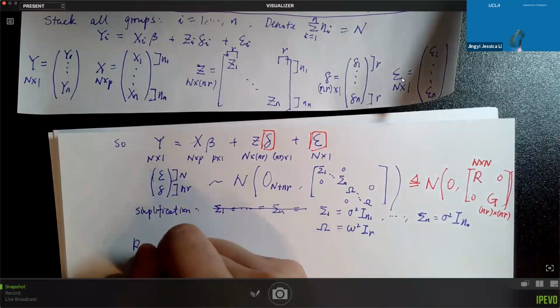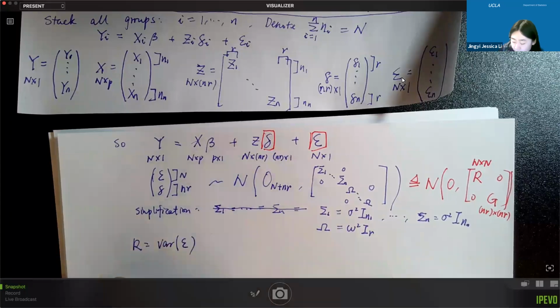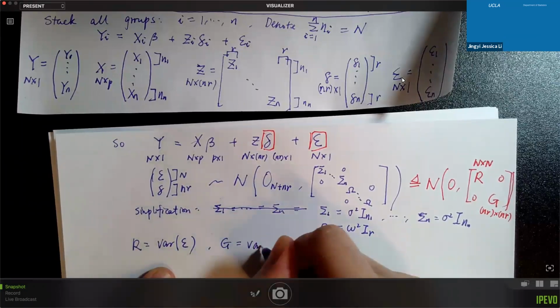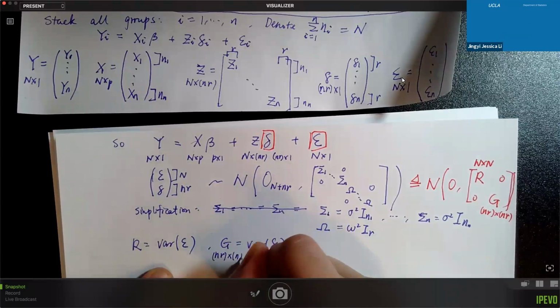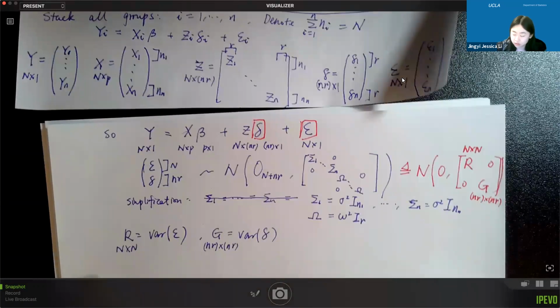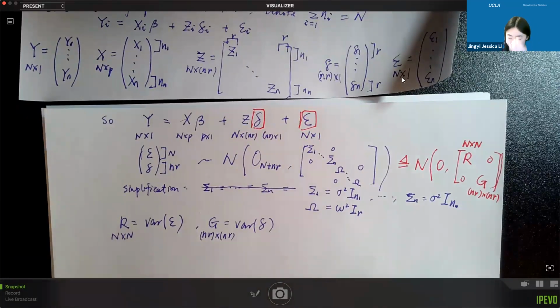So R is just the variance of epsilon, right? For a vector, the variance means the variance covariance matrix. G is the variance of delta. So NR by NR, and this is capital N by capital N. I'm just going to use this notation for simplicity for our later discussion. Do we have questions so far?